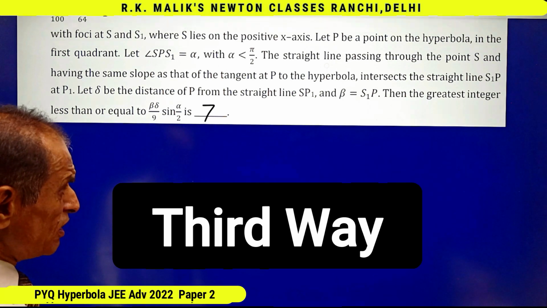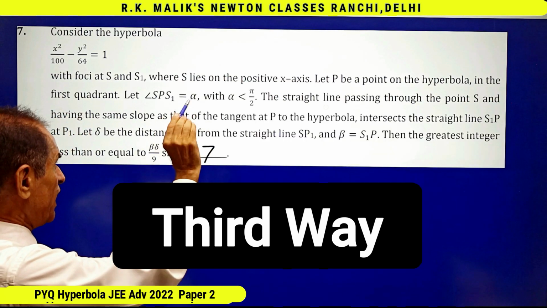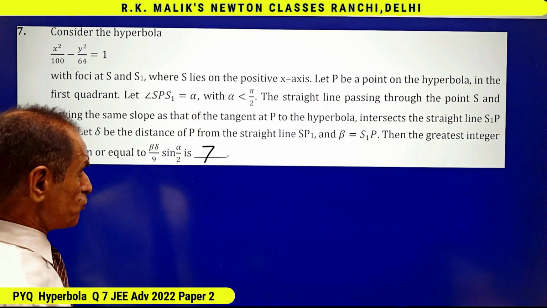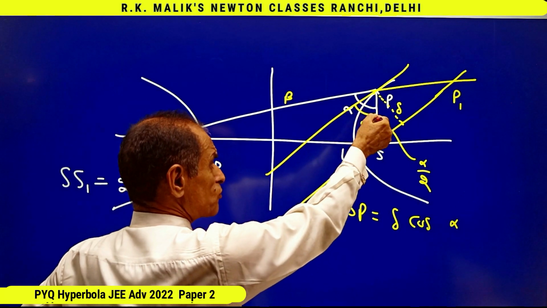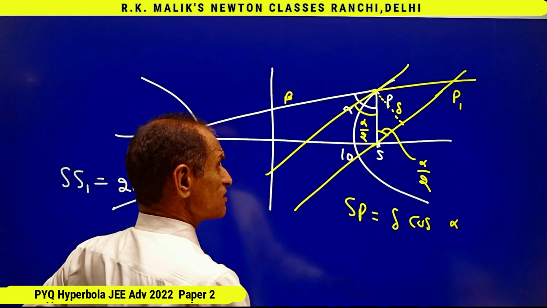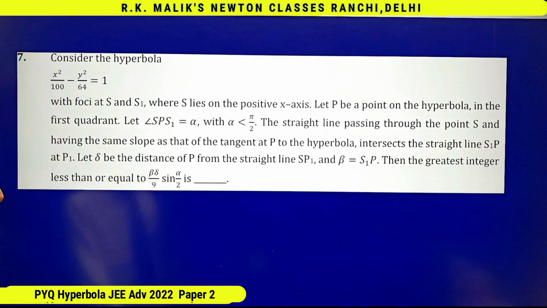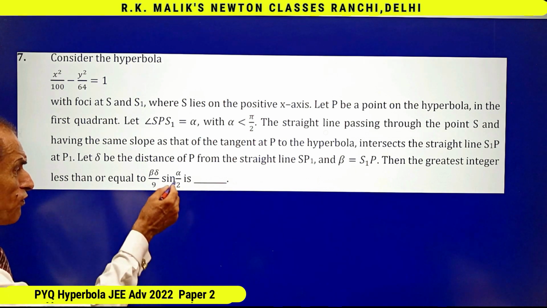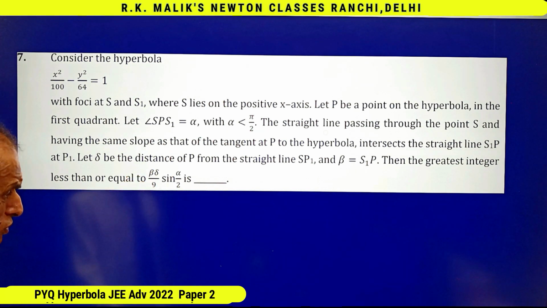And now the third way. Note that in the question alpha can be any angle, but the only condition is alpha is less than pi by 2. That is, it is given that this complete angle is less than pi by 2. And from the language of the question, it is clear that the value of the greatest integer less than or equal to this is going to be a constant.